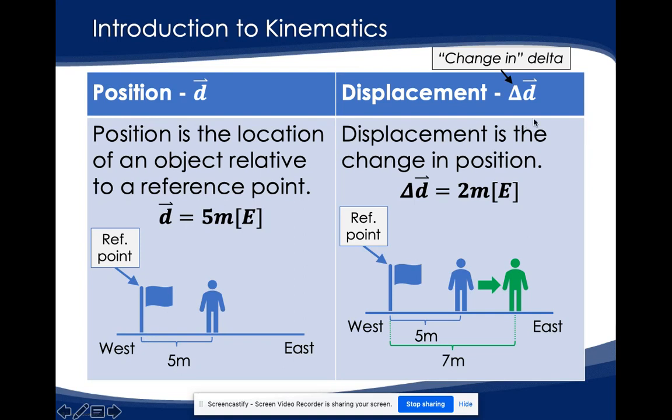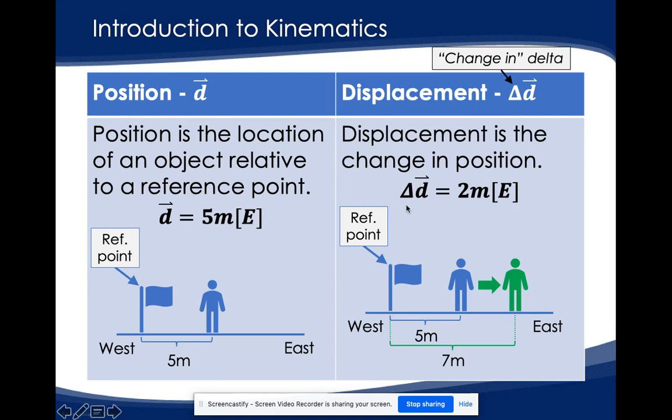Displacement is a little different. Displacement indicates that there was a change in position. Position is just saying, okay, you live 1 mile north of Walmart in town. That would be your position. But your displacement would be a change in that position. The delta, this little triangle, is called a delta if you're not familiar. A delta in front of anything indicates a change in that.